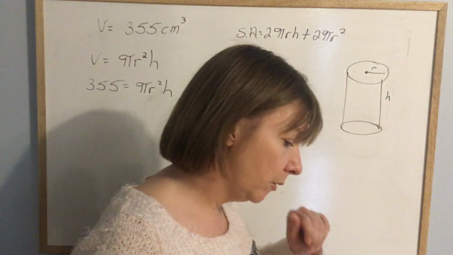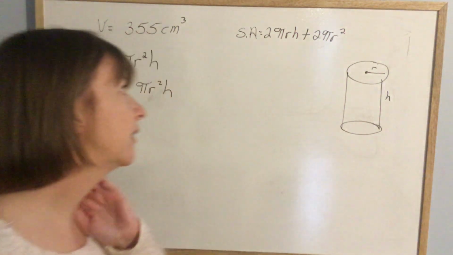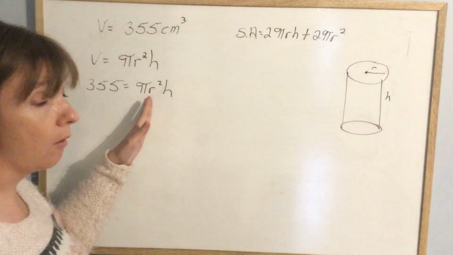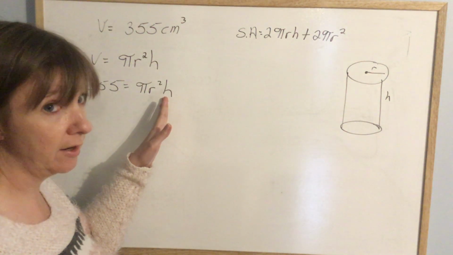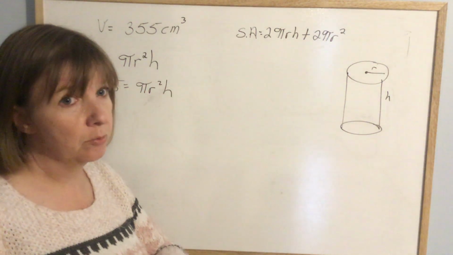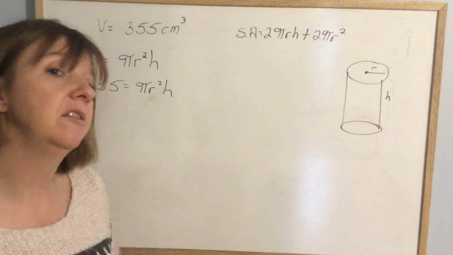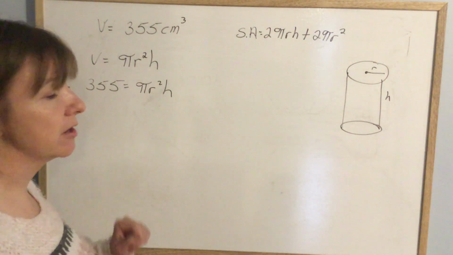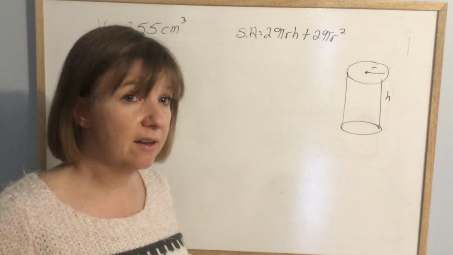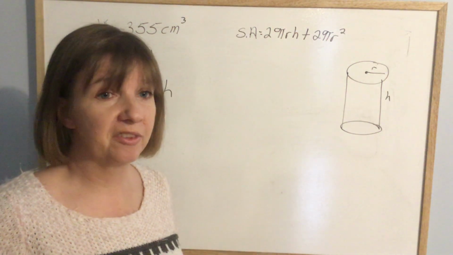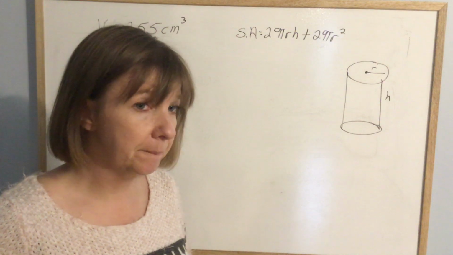Over here, what we're going to do is we're going to isolate one of the variables, either r or h. Now I'm going to isolate h. There isn't one that's right or wrong, but there is one that's definitely easier in this case. Because the r is squared, if I try and isolate that r, I'm going to have to take the square root of a whole bunch of stuff, and that's not going to be fun.